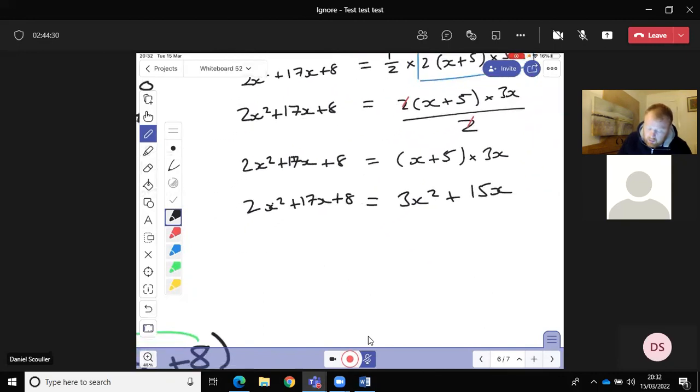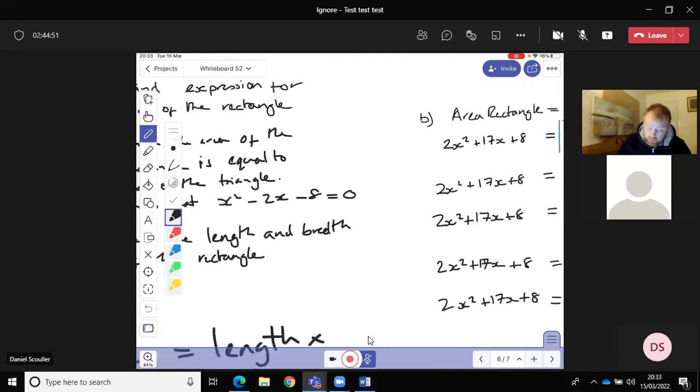Now we've got some terms on the right hand side, but what the question's asking us to do is bring both those terms together and have 0 on that right hand side, and prove that it makes something.